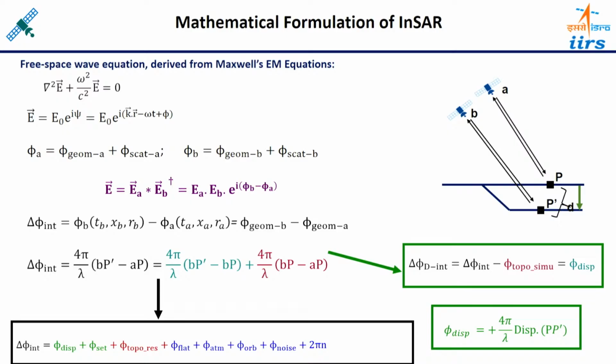If you don't know the precise position of the satellite, it means you are not aware of the actual starting point of the transmitted signal. So if the starting location is not known, because of those positional errors, some phase difference will be generated in the interferometry, and that is coming because of the Heisenberg uncertainty principle.